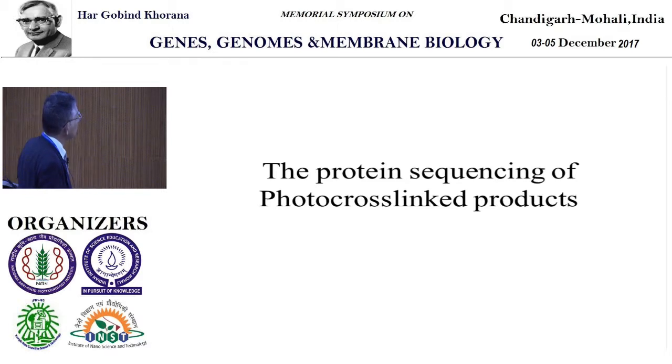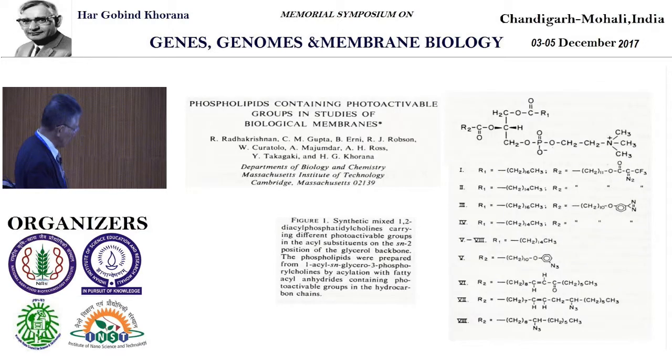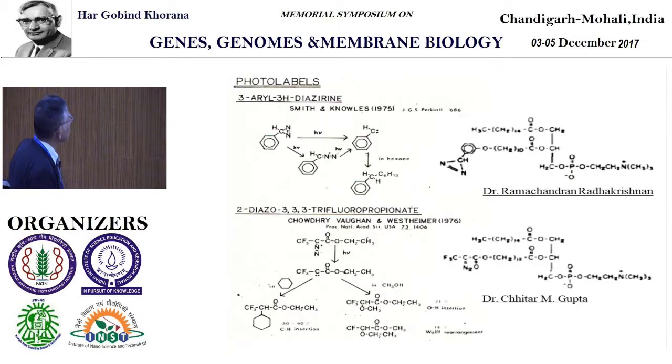Now getting into the main topic, I'm going to talk about the photocross-linking sequencing that I did in Gobin's group, because this hasn't been talked about much. Gobin's group developed many phospholipids with photoactivatable probes, but we ended up using a carbene generator.